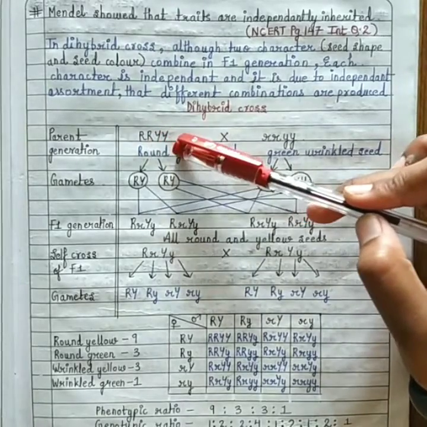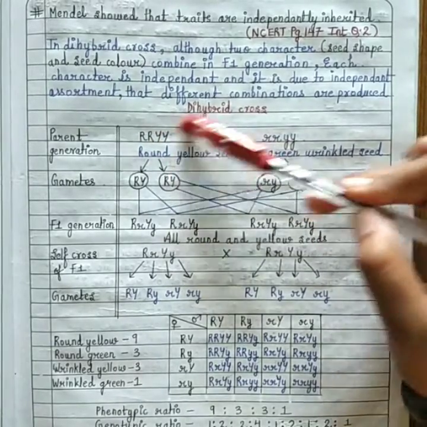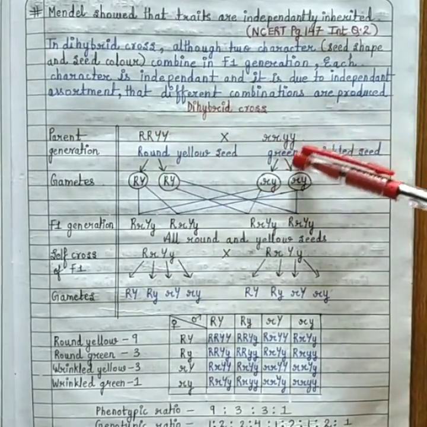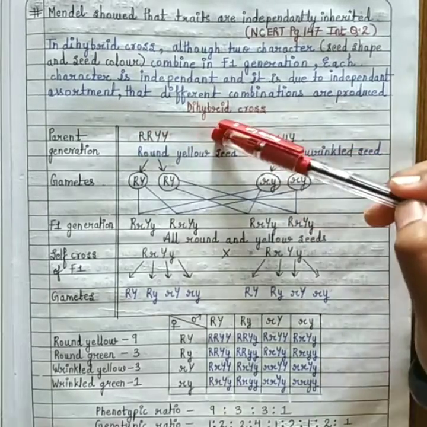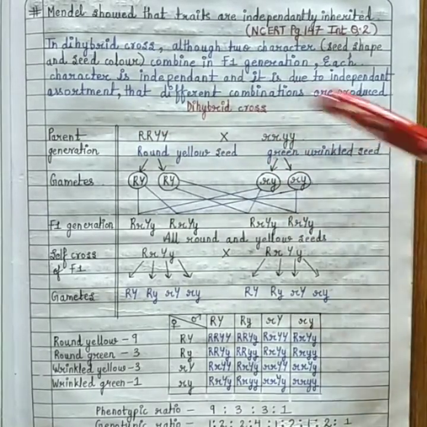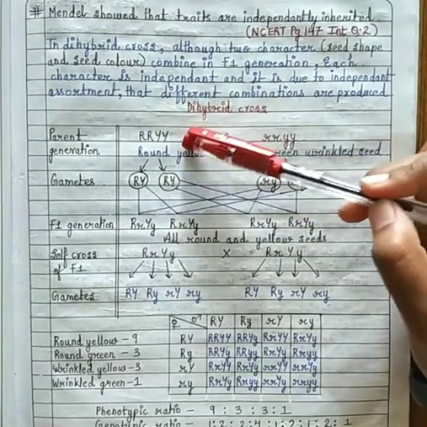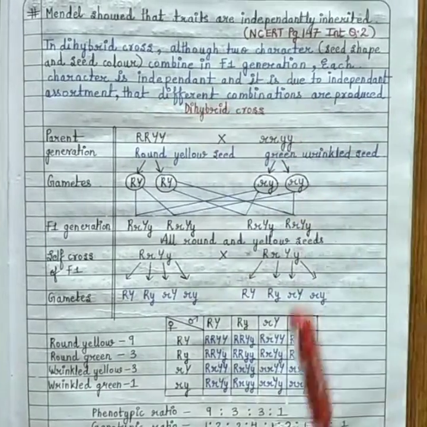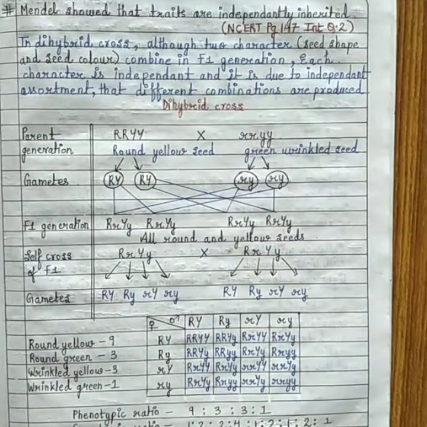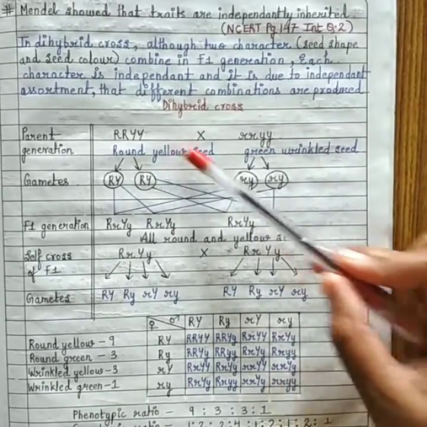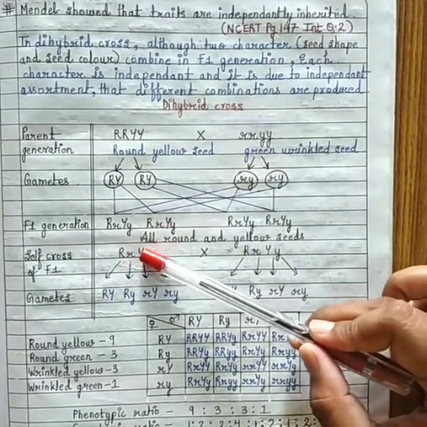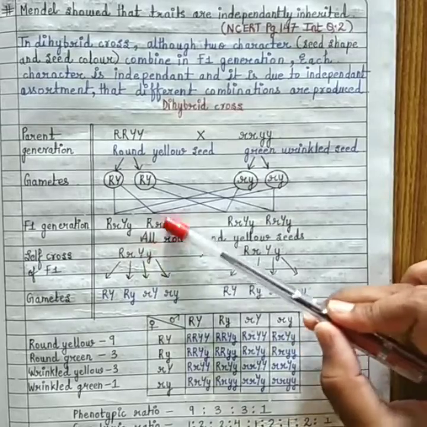Capital R, capital R, capital Y, capital Y. Round and yellow seeds were taken and crossed with green and wrinkled seed. So round is seed shape, yellow is seed color. तो यहाँ पे हम दो characters को एक साथ study कर रहे हैं. When we study the inheritance of two pairs of characters, then the inheritance of one pair of character is independent of the other pair of character.